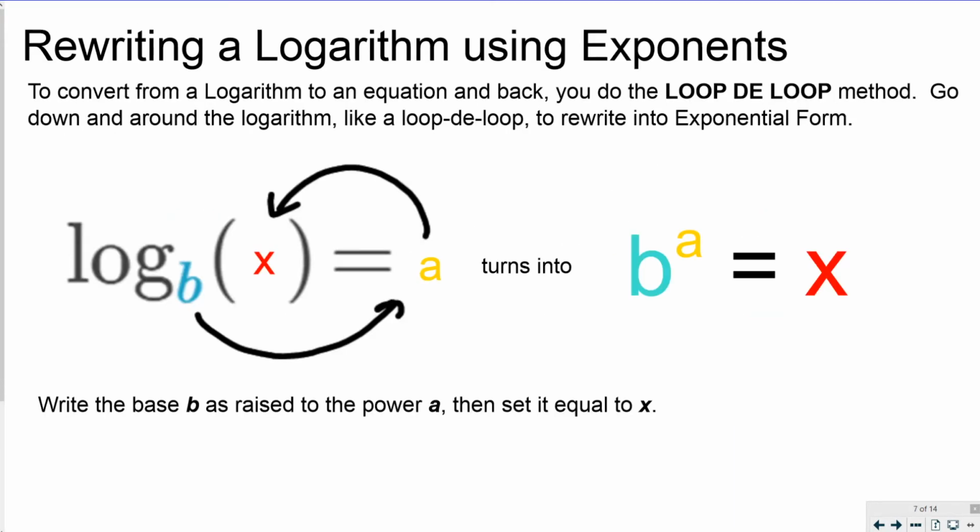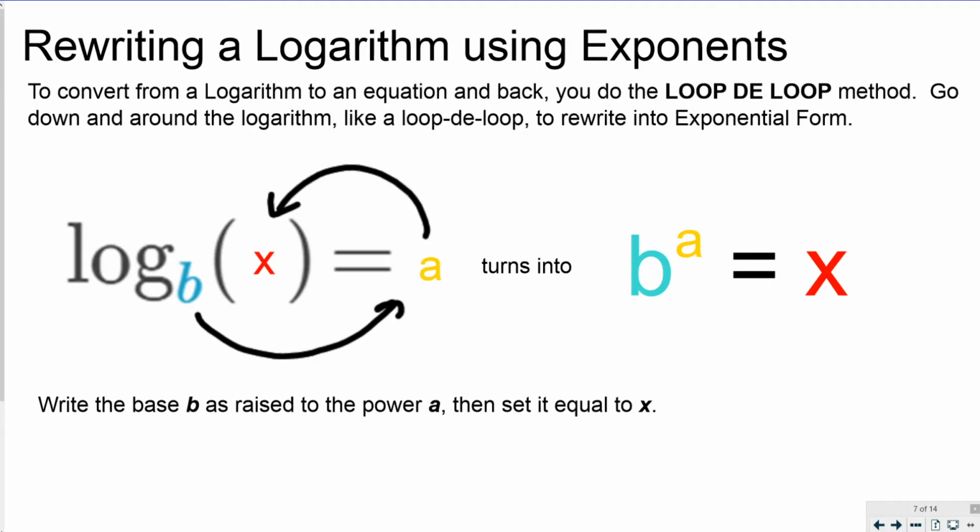So if you want to convert a logarithm to an exponential equation, we do what is called the loop-de-loop method. You do a loop-de-loop and pull, and your logs are looking cool. That's a SpongeBob reference for everybody that understands that. Essentially, you're going to go down and around the logarithm, like a loop-de-loop.